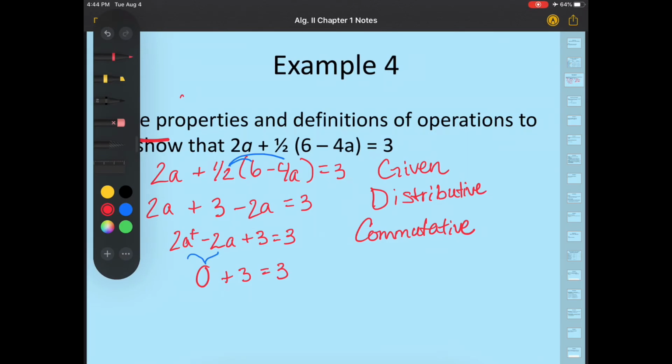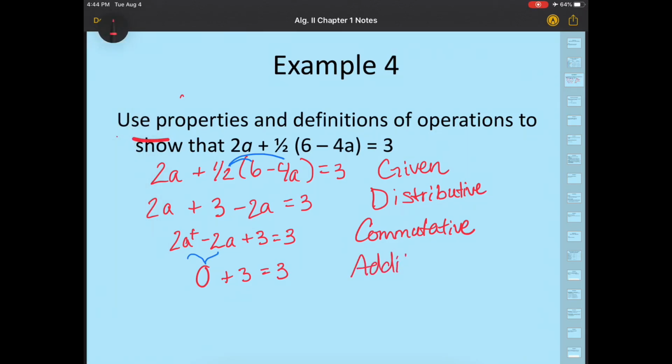That was our additive inverse, because we got back 0. And then 0 plus 3, that is 3, which still equals 3, and that's just the identity, saying that something equal itself is the identity.